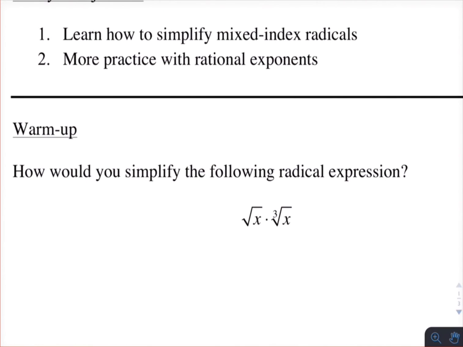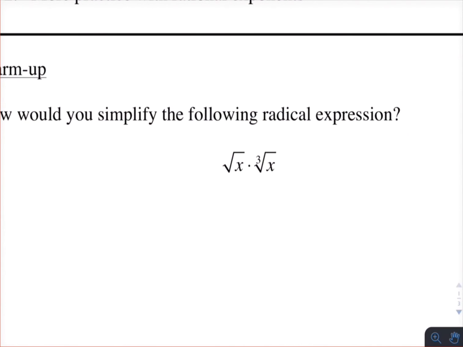So what you'll see here is that if we convert these to rational exponents, which is why all that work in the previous lesson was done with rational exponents, we have x to the 1/2 times x to the 1/3. And we know that when we multiply, we add exponents. So we have to add the 1/2 to the 1/3.